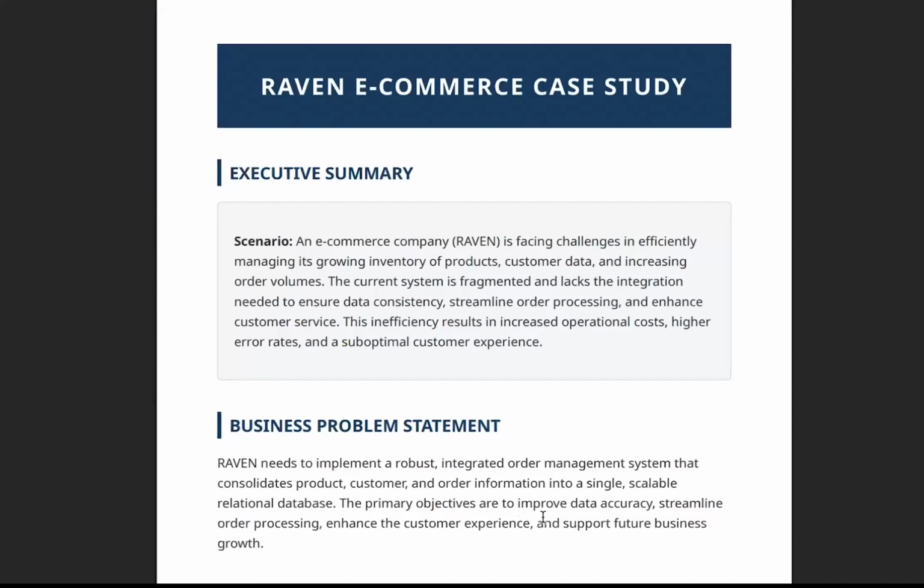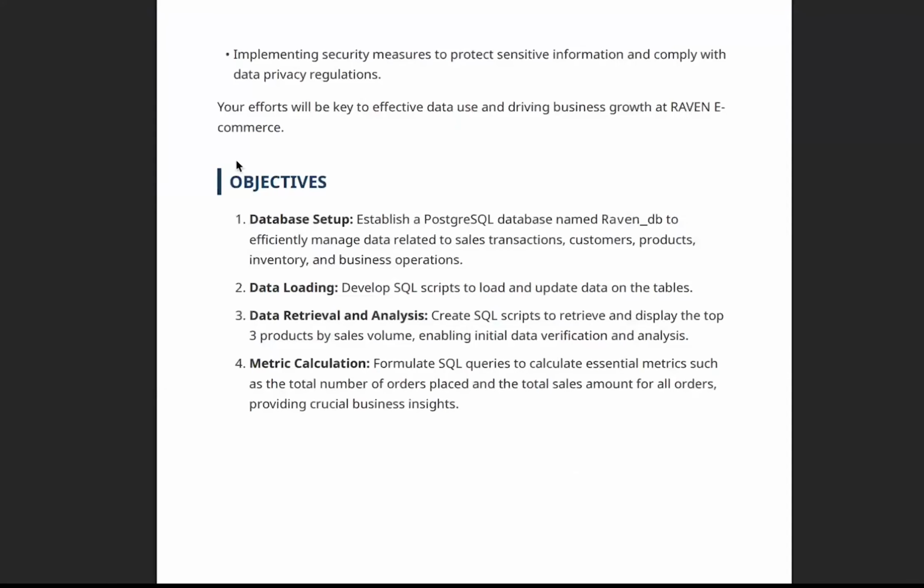The primary objectives are to improve data accuracy, that's the primary one, just hold that. Primary objectives: streamline order processing, enhance the customer experience, and support future business growth. They also want to implement security measures to protect sensitive information and comply with data privacy regulations. Your efforts will be key to effective data use and driving business growth at Ravens e-commerce. So that's the objective here.